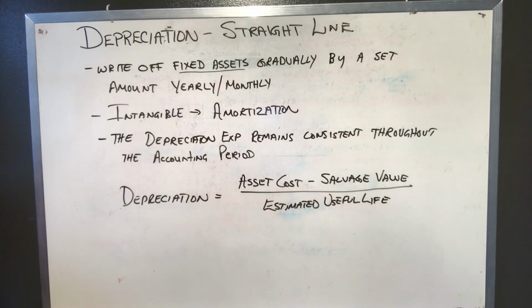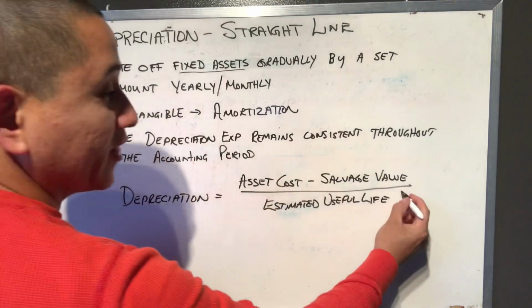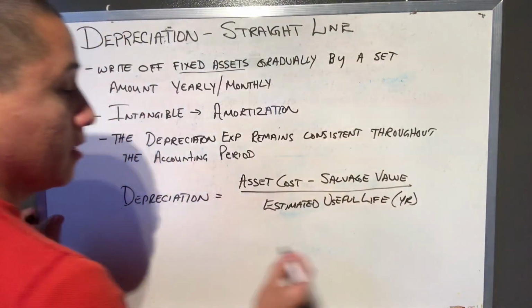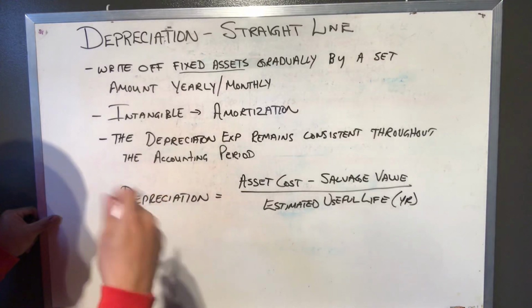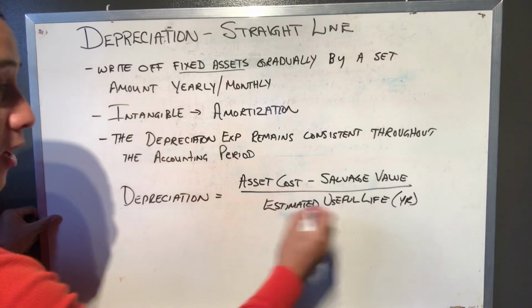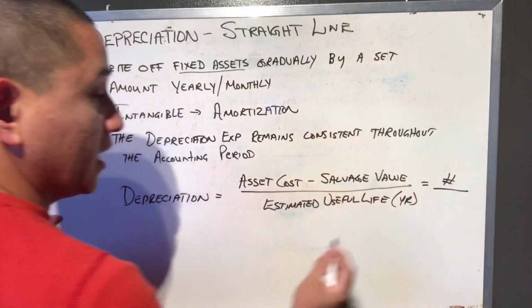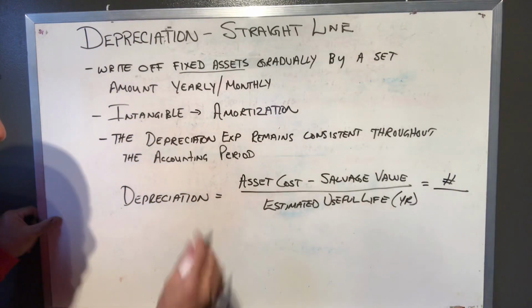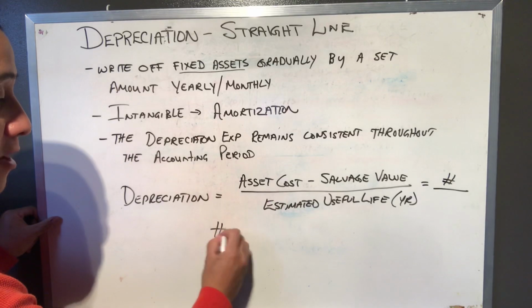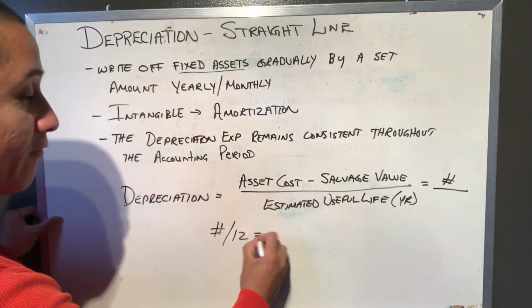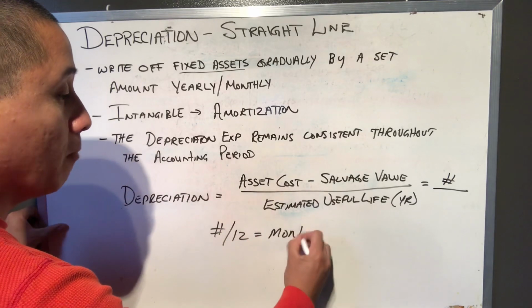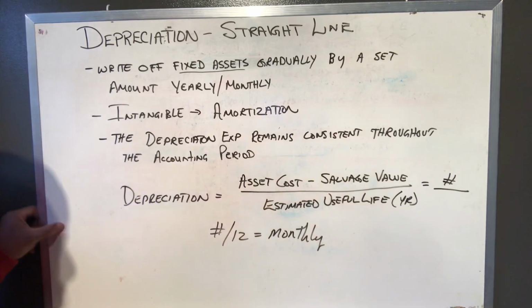That would give you the yearly depreciation expense, based on the estimated useful life in years. If we want to calculate per month, then we would take whatever we calculated here as the depreciation expense on a yearly basis, and divide it by 12, and that would be equal to the monthly depreciation expense.